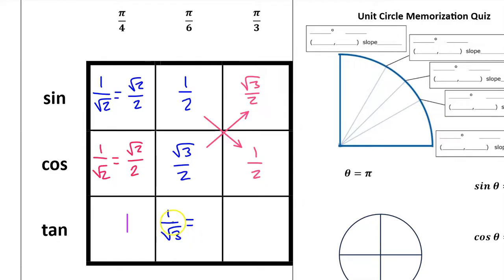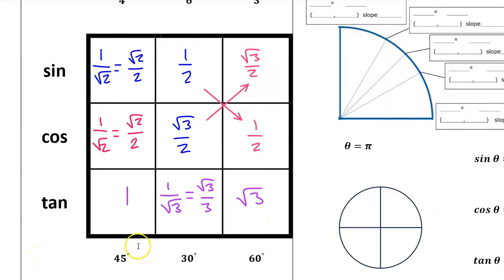Rationalizing the denominator, this is equivalent to radical 3 over 3. Know that these are the same. And then the tangent of pi over 3 is radical 3 over 2 divided by 1/2. Again, the denominators will cancel out, and we are left with radical 3 divided by 1, which is simply radical 3.